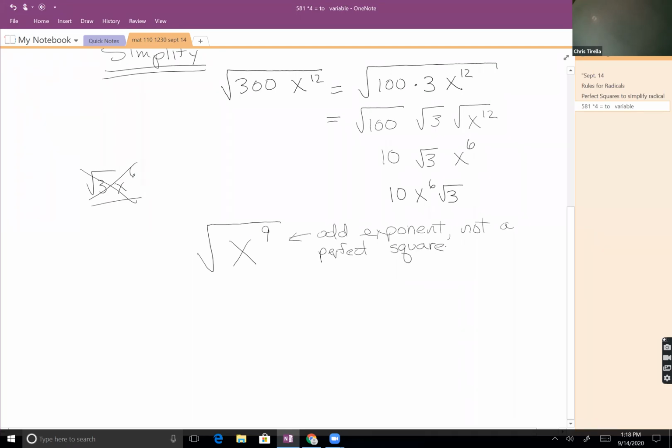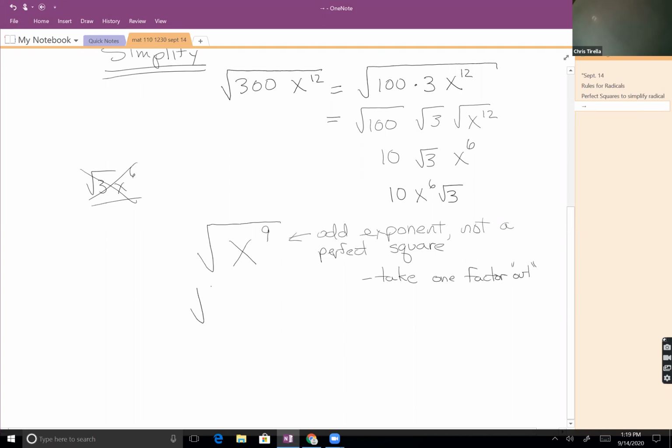And so if I'm trying to simplify the square root of an odd exponent, we're going to take one factor out. Not out of the radical, but out of the exponential expression.